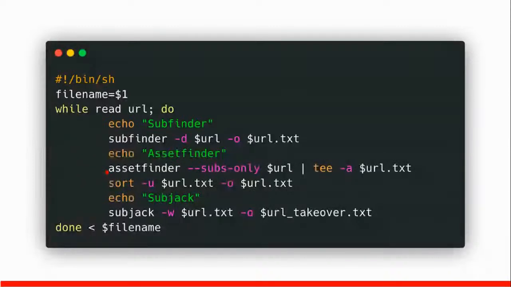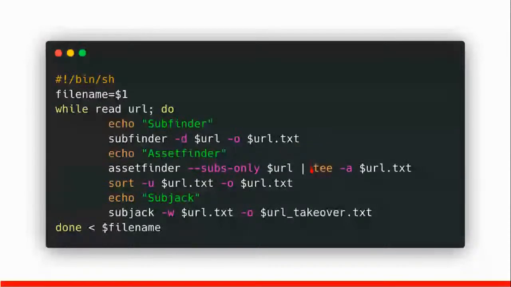As I told you, we'll be using multiple tools. For demonstration purposes, I've only put up two tools over here. You can combine the outputs of multiple tools as you need. The next part is assetfinder --subs-only to enumerate subdomains for the given domain, followed by $URL, the domain for which we want to enumerate subdomains.